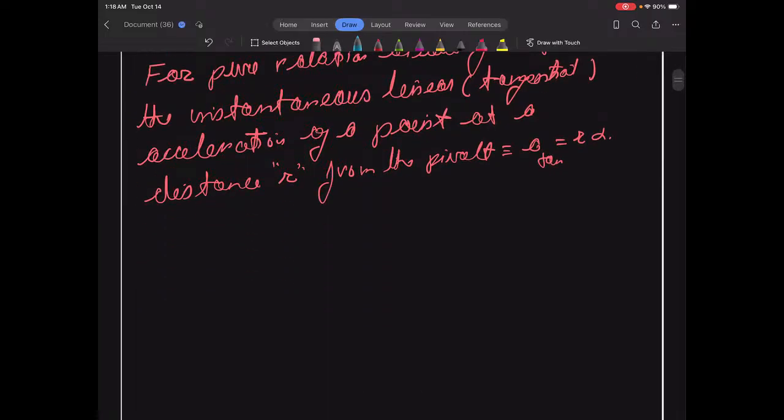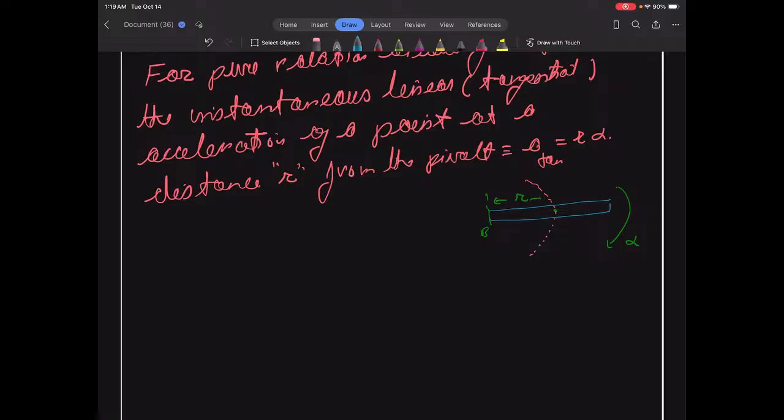So which basically means that if this is the rod and we are supposed to find out the acceleration at a certain point, and this point is at a distance r from the pivot point, which in this case is our B, and we know that its angular acceleration is alpha, and obviously as the rod is going to pivot about this point B, it is going to trace something like a circle.